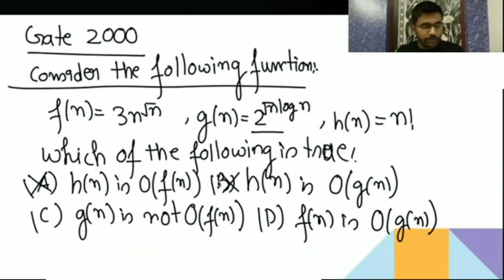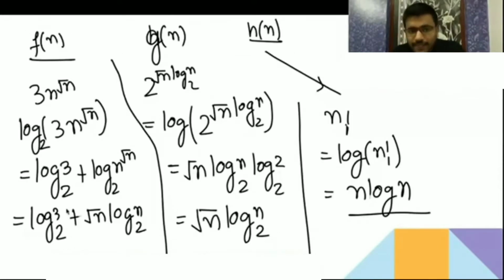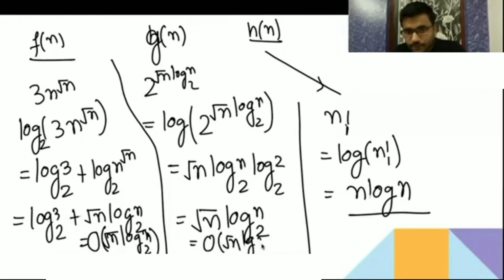This I have taught you in the beginning of the class. In the first question only I have explained that a constant is not going to affect anything. Here the only constant would be big O of root 10 log n base 2, and here also big O of root 10 log n base 2. With a constant it is not going to affect anything; it is going to be n log n.